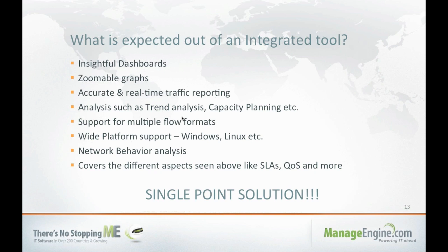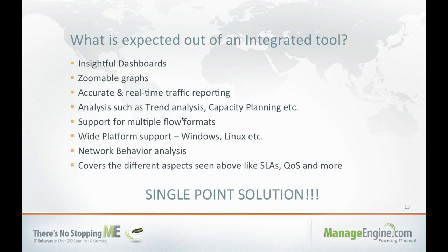The next thing is supporting multiple flow formats. Organizations differ in shapes and sizes, like we've seen, and the devices that they employ to build their network need not be the same. An organization X need not employ Cisco routers everywhere. It may choose to use a couple of different routers which support different flow formats.